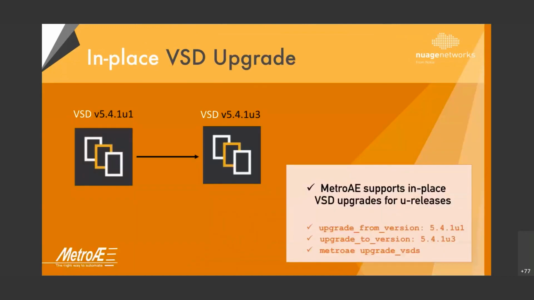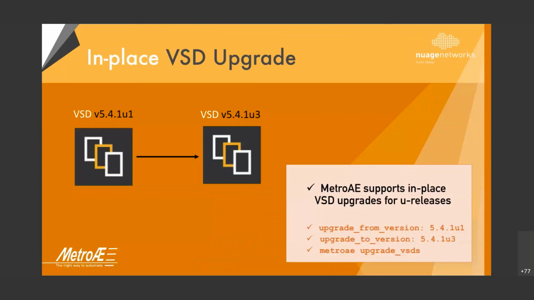We now support in-place VSD upgrades. So this is like patch upgrades. If you want to move from, let's say, 5.4.1 U1 to 5.4.1 U3, you can use Metro to do such an upgrade.